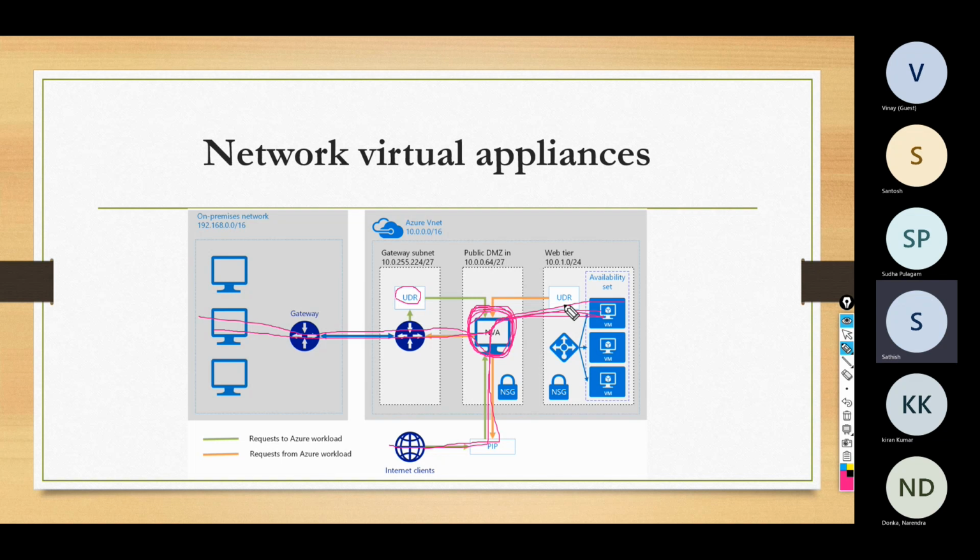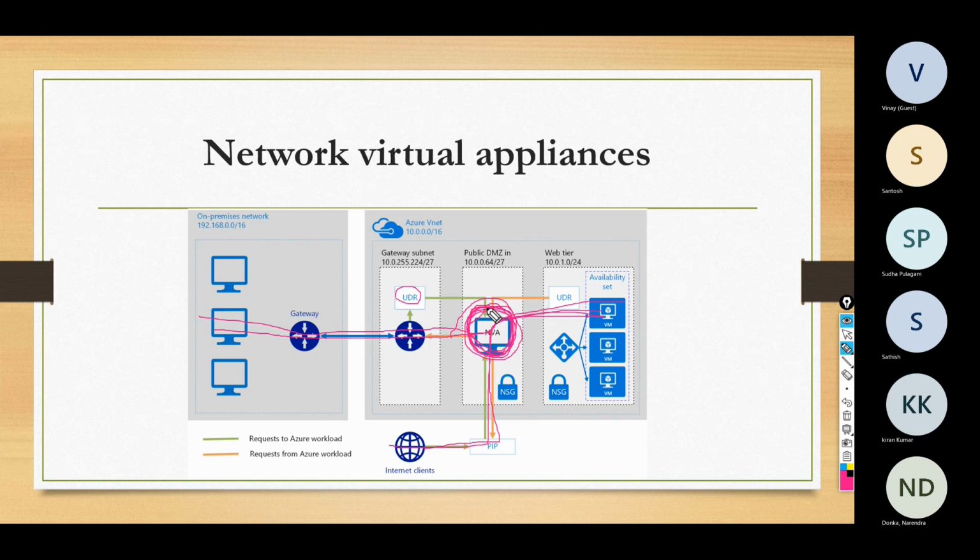Yeah, got it, Kiran. Public DMZ? Sorry? Public DMZ. There is no DMZ concept here. In the Azure platform, there is no DMZ. So if you are using this as a firewall for everything, inbound and outbound, then by default you are getting the DMZ only. So especially it is not required to configure any DMZ.